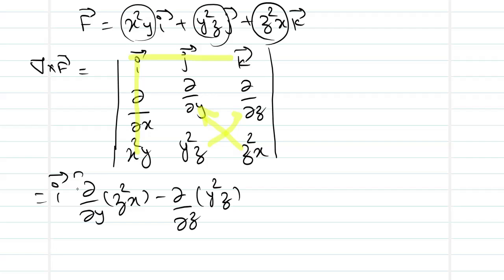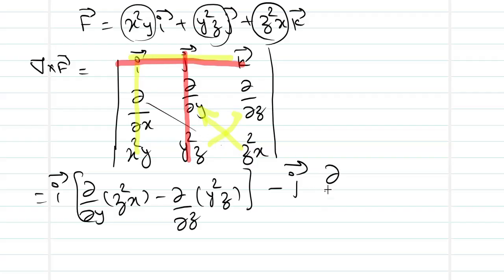Now the second component will become minus j times of. Now how to find your j component? Hide this row, hide this column. So what you will be left with is the cross multiplication of these two quantities, dou by dou x of z square x minus dou by dou z of x square y.